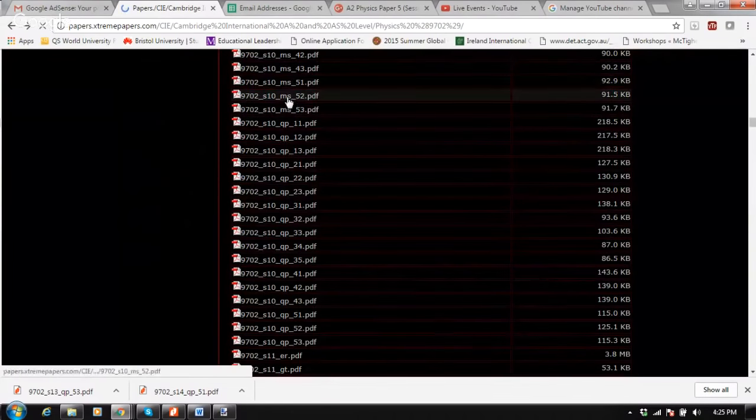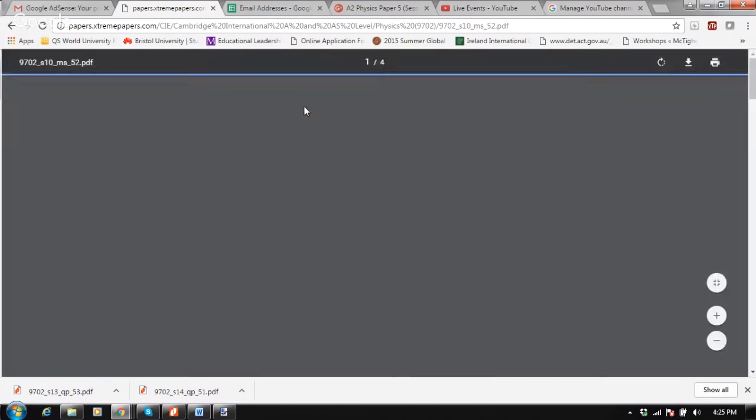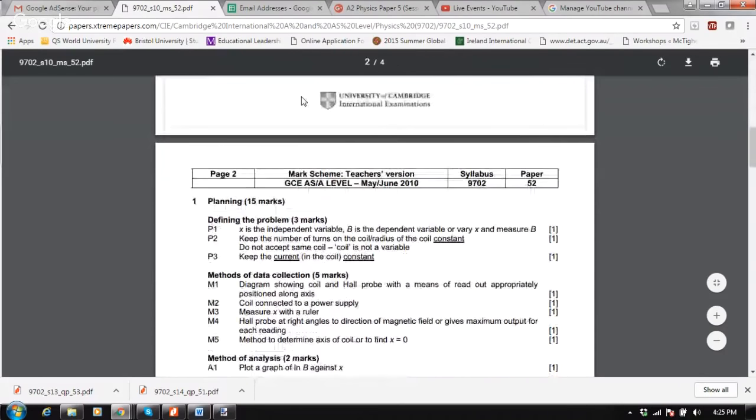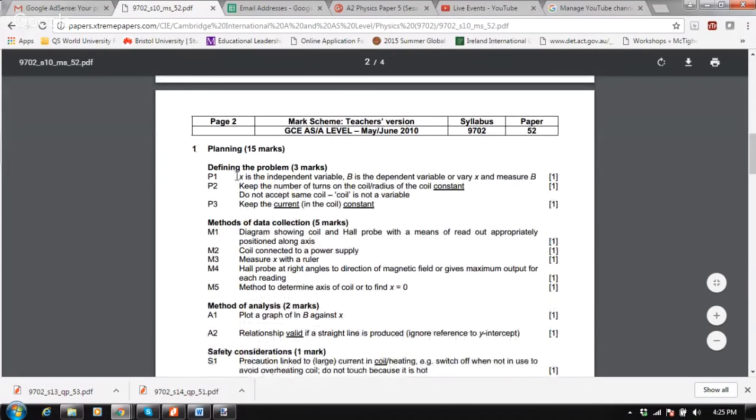So let's shift it. Yeah. So look at this marking scheme. X is the independent variable, B is the dependent variable, or vary and so on. So once you have clearly mentioned it, you get 1 mark for this.